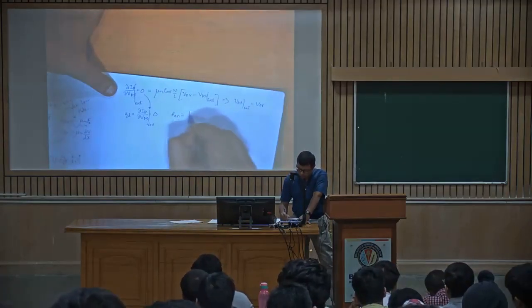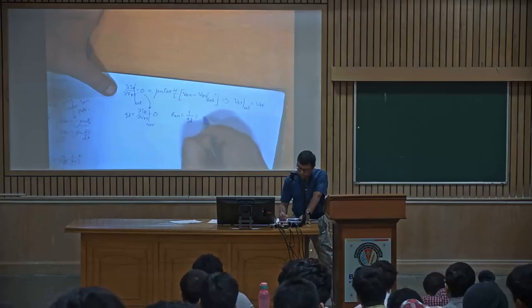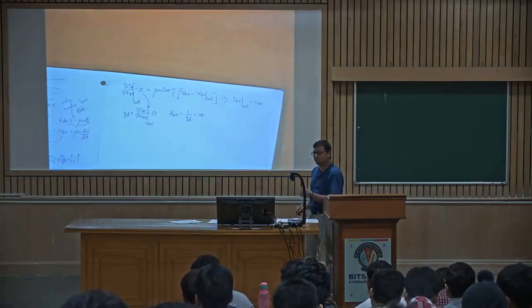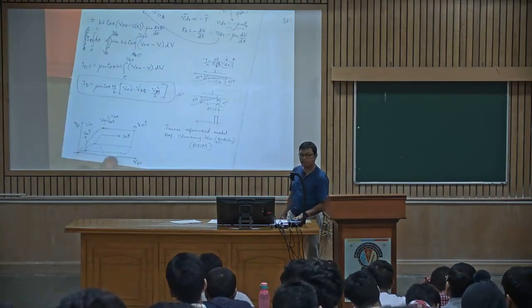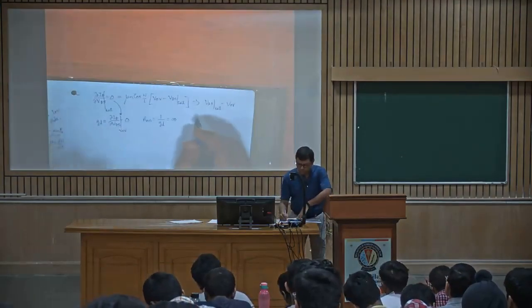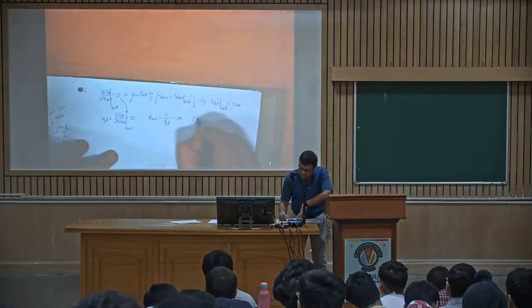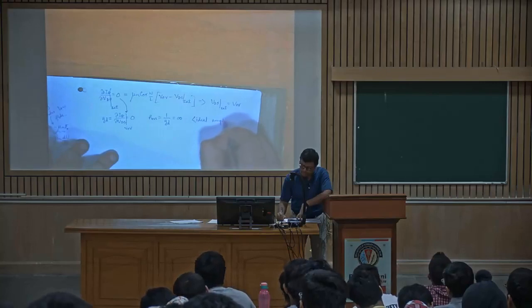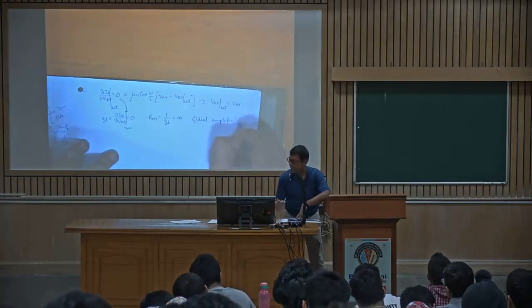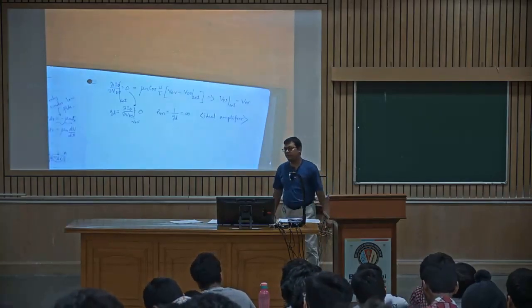Or R on will be 1 upon GD. That means infinity. Correct? That means the transistor, whatever we have shown over here, is essentially going to be an ideal amplifier giving you infinite gain. In reality, it never happens.